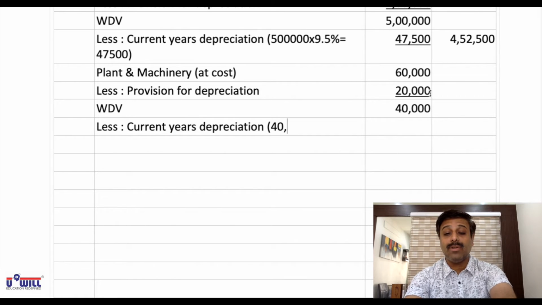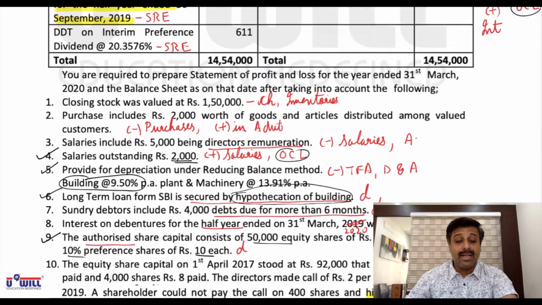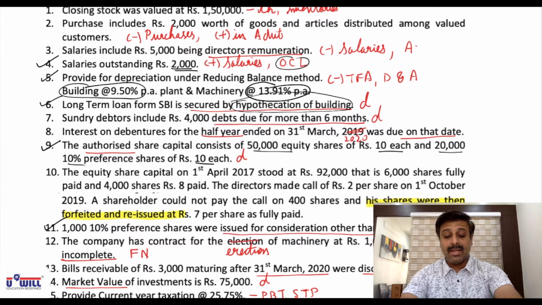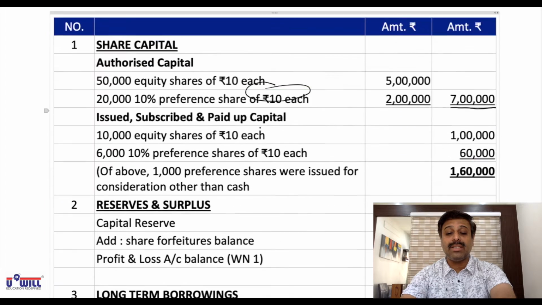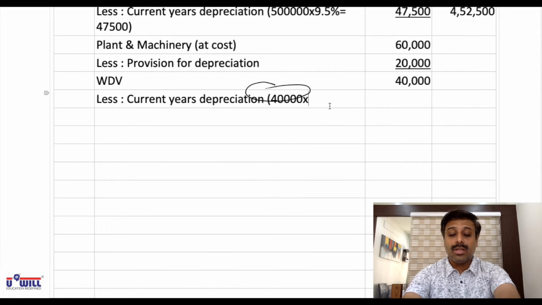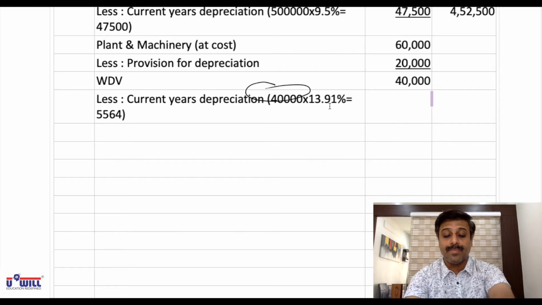that is 40,000 into, now in plant and machinery what is the rate of depreciation given in adjustment 5? 13.91%. These are all as per company law, so percentages will look weird, but all things are as per company law. 13.91% comes to 5,564.